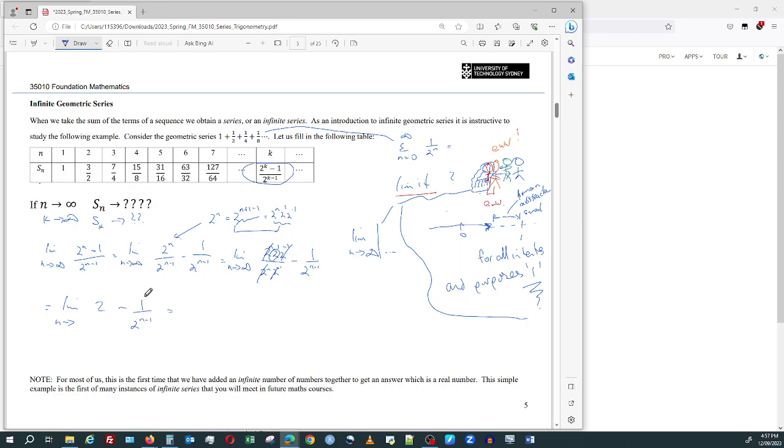Now, what happens to this one? As n gets bigger and bigger and bigger, 2 to the n gets bigger and bigger and bigger, but the quotient itself gets smaller and smaller and smaller. So the quotient itself is eventually going to go to 0. A big number on the denominator is a very small number overall. We can live with that.